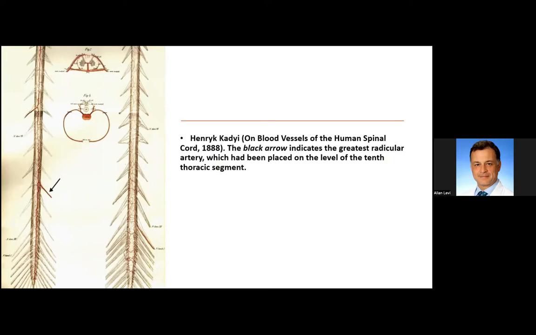So there's no need to do a pre-op angiogram to figure out which is the branch for the artery of Adamkiewicz, because you'll always get good flow if you take that segmental off the lateral vertebral body. Oh, go ahead, sorry.